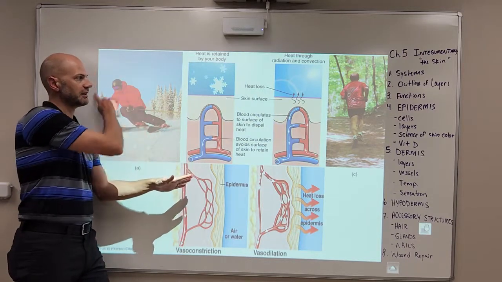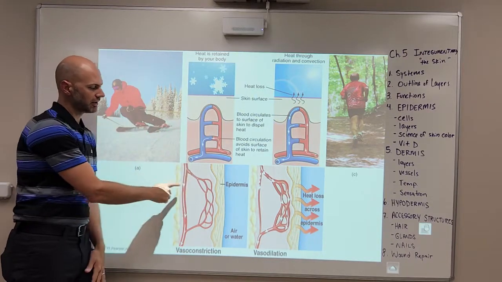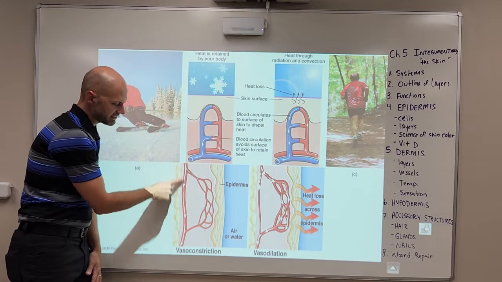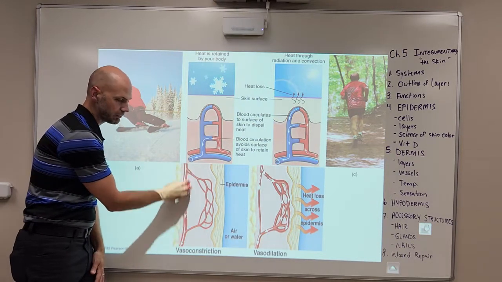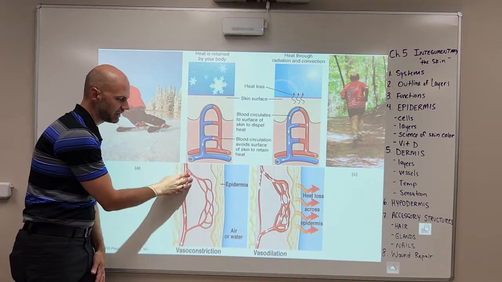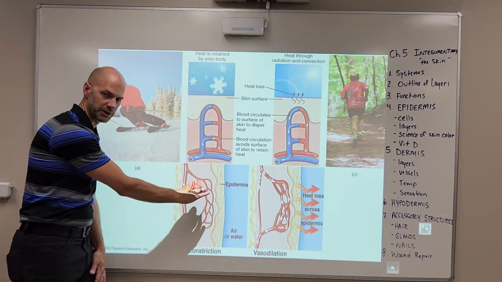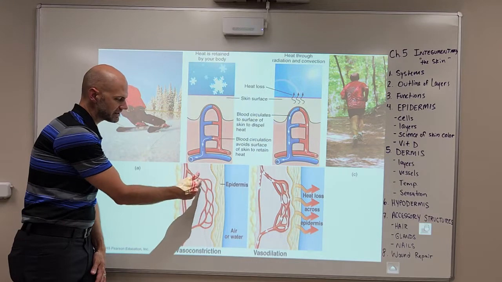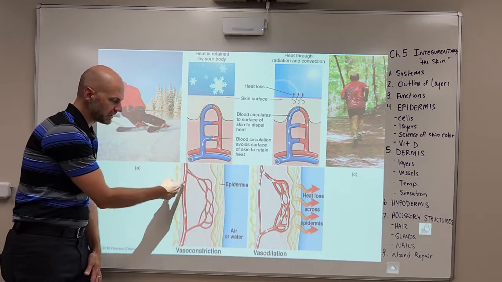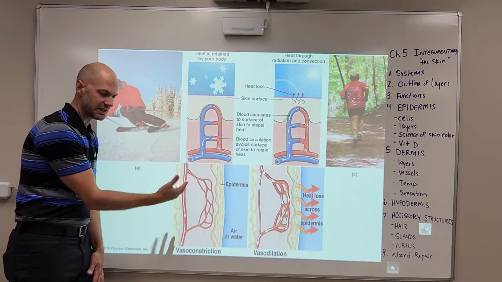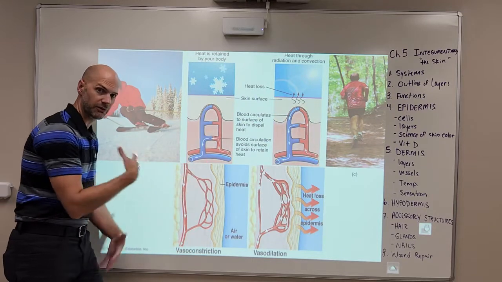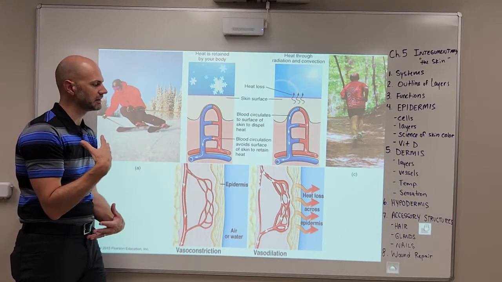Because the external environment is cold. Therefore, these deep vessels, okay, will retain more blood flow, and these peripheral or shallow vessels will restrict blood flow. Okay, and that's so that most of the fluid, okay, which contains the heat, stays deep. Okay, and therefore we retain as much heat as possible.